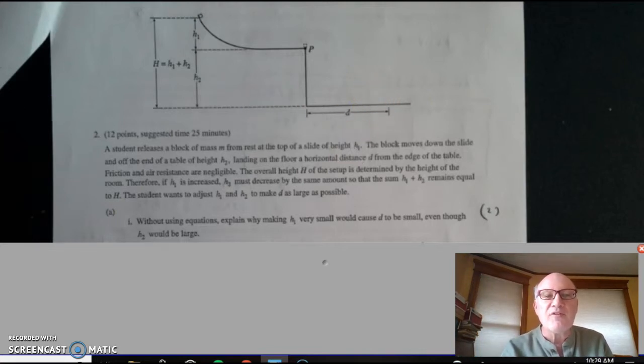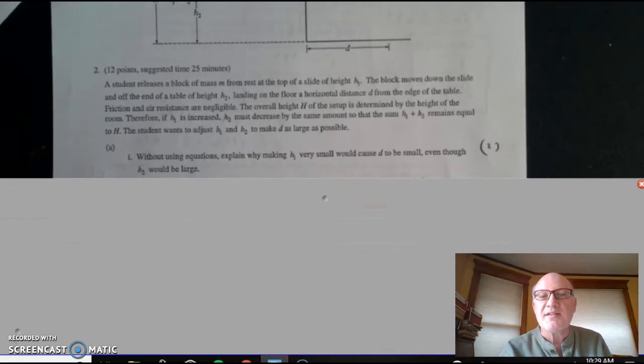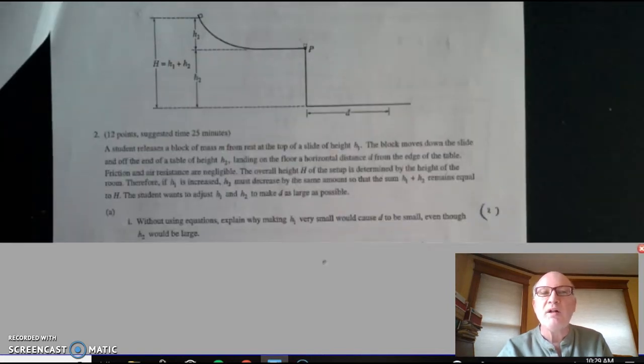And the very first question here says, can you explain why making H1 very small would cause D to be small, even though H2 would be large? And it says to do this without using equations. So the key to recognize here is that if H1 is small, then there's not much of a ramp for the block to come down.